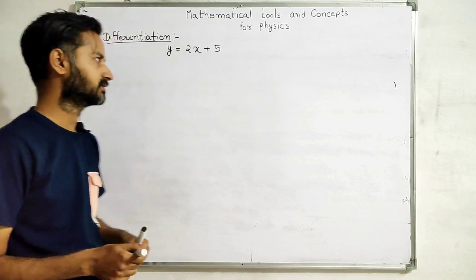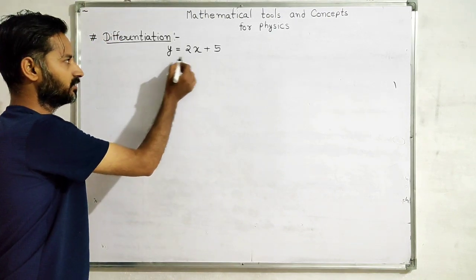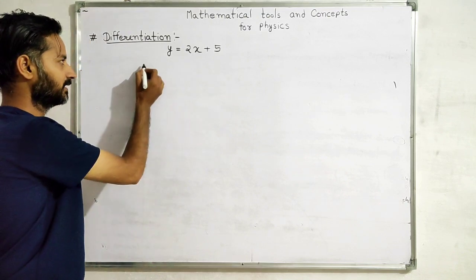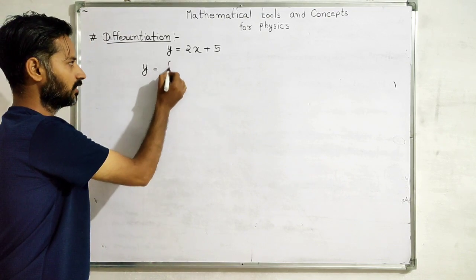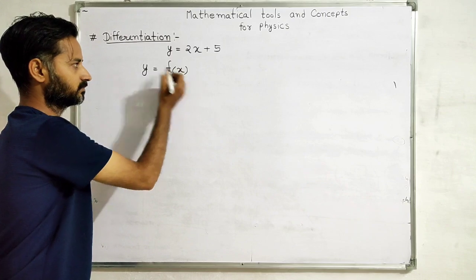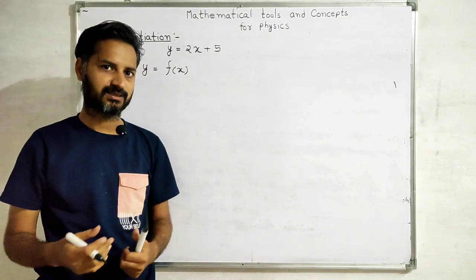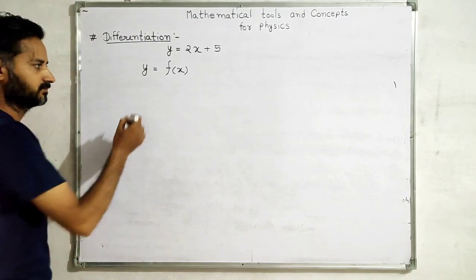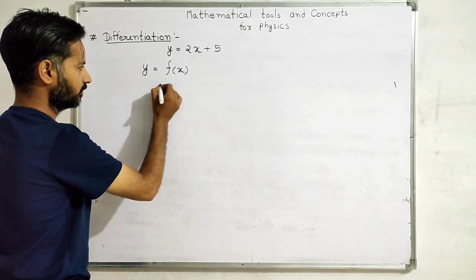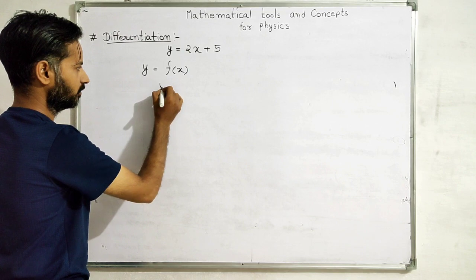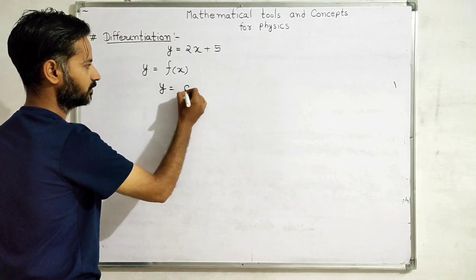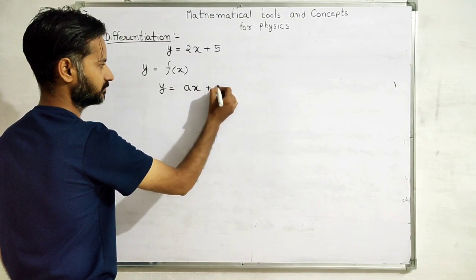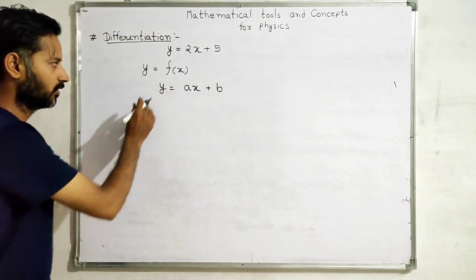In this case, y is called a function of x, and this can be written as y is equal to f of x. These functions are of different types, like y is equal to ax plus b.